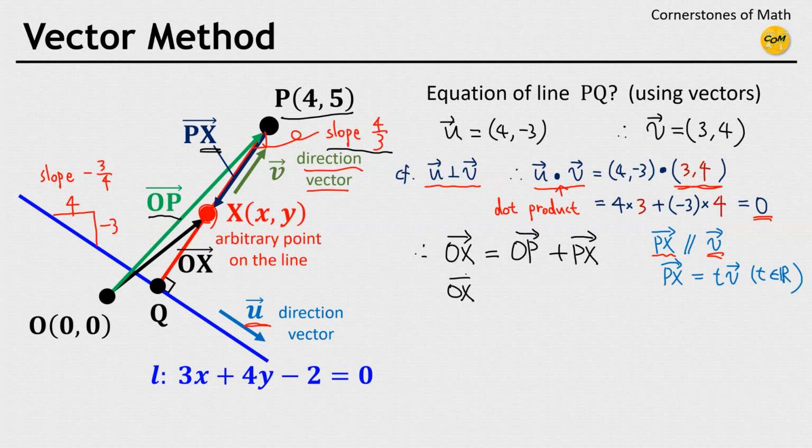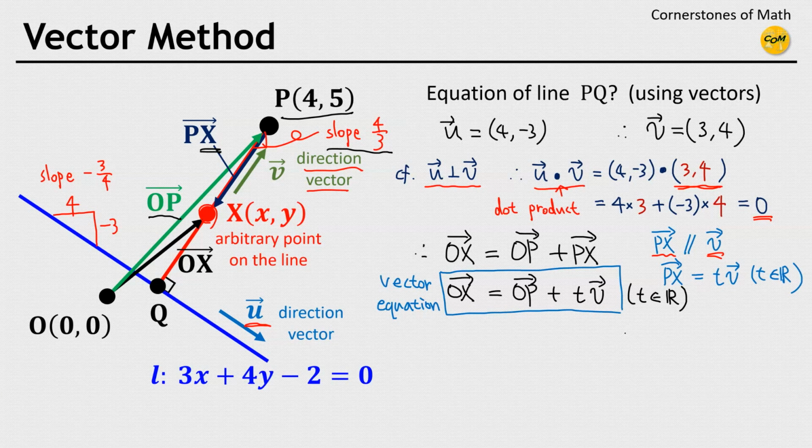So we have vector OX equals vector OP plus t times vector v, which is called the vector equation of line PQ.